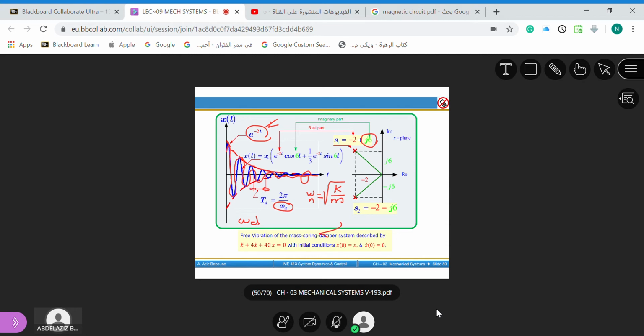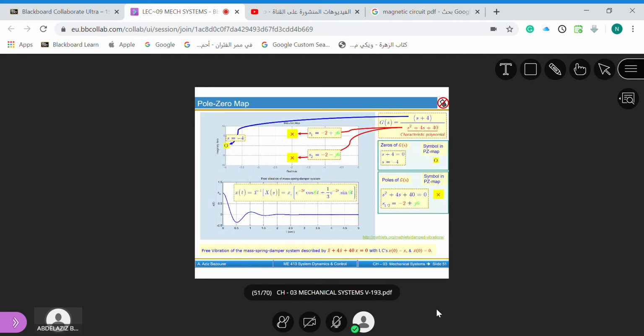Even if we have damping, the natural frequency will stay exactly the same because it's a property of the system: stiffness over inertia. But in addition, we will have a damped frequency called omega D. So this is when we have damping.